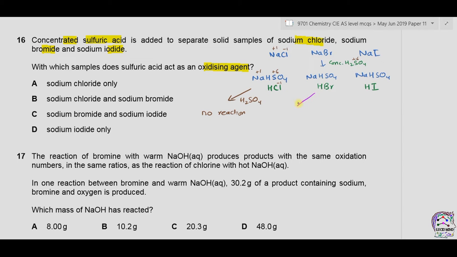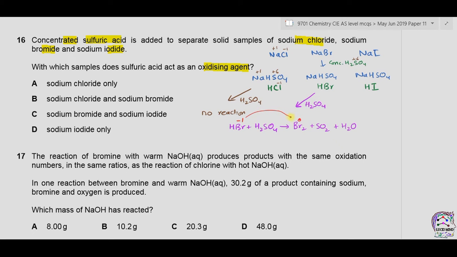While HBr can be oxidized by concentrated sulfuric acid into products, the reaction will be HBr plus sulfuric acid. It will form bromine, sulfur dioxide and water. The oxidation state of bromide in reactant was -1, while in bromine it is 0.